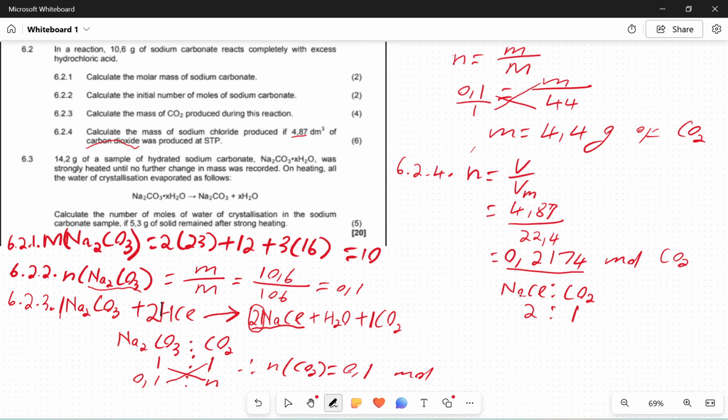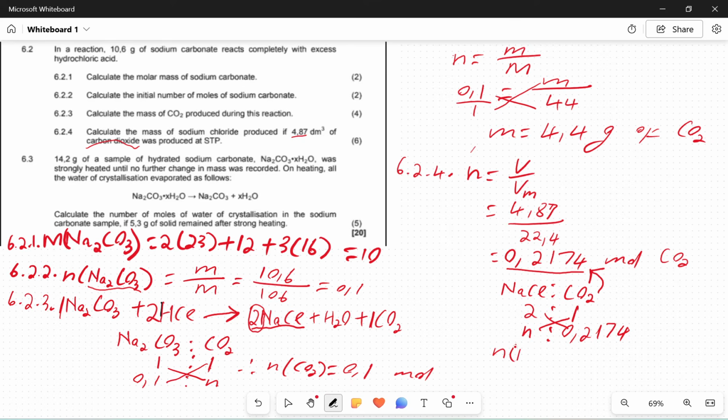And then what do we know about the sodium chloride and its number of moles? Nothing. We don't have them. But we know the number of moles of carbon dioxide because we just found them. Here they are. So we'll put them here, 0.2174. Then from here we look for the number of moles of sodium chloride.